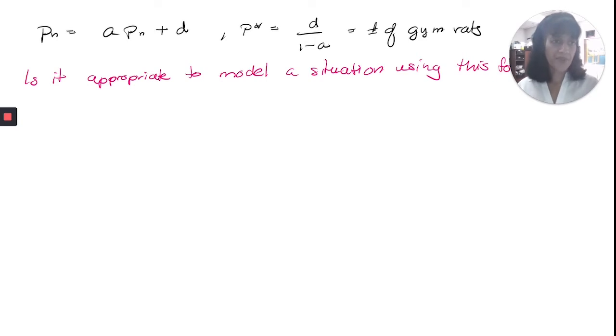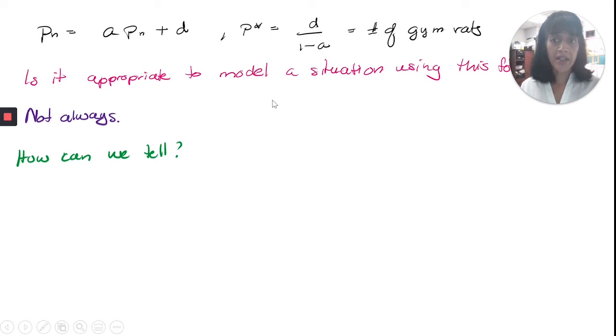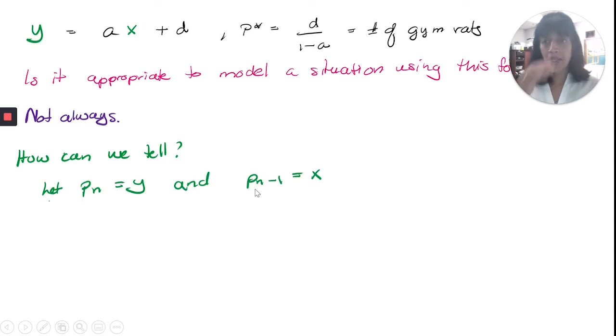And so that's the beauty of this kind of modeling, is that it does capture a lot of things, but not everything. So how can we tell whether this type of model works with the data we have? Well, we take the data and we plot it, and we have to look. What do we plot? Well, we let P sub n be y, and P sub n minus 1 be x.